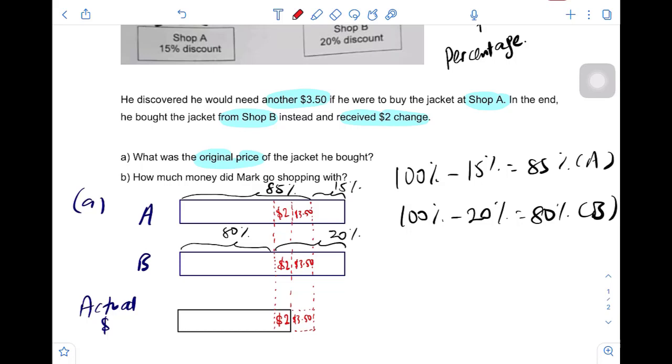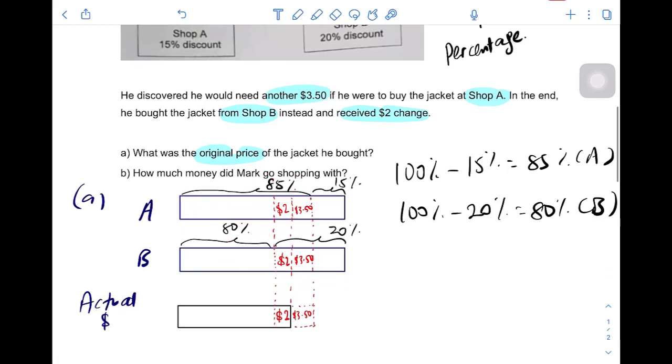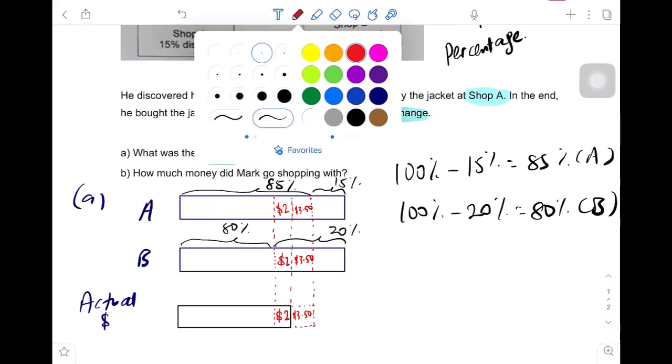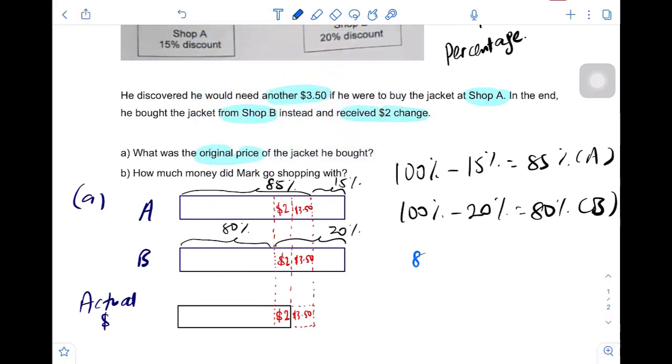Which tells us that the difference between these two red boxes, 85% minus 80%, will be equal to this value here, which is $5.50. Okay, let me write down and then I'll repeat the explanation again. So 85% take away 80%, that will be 5%.